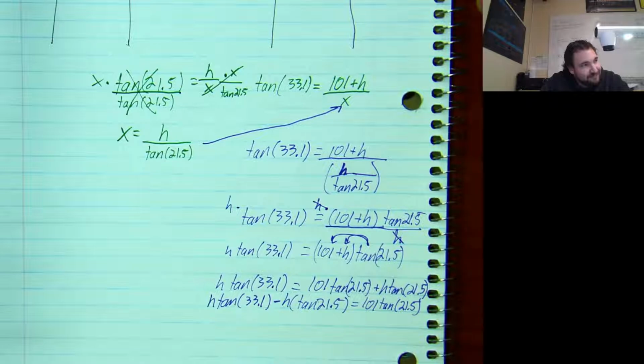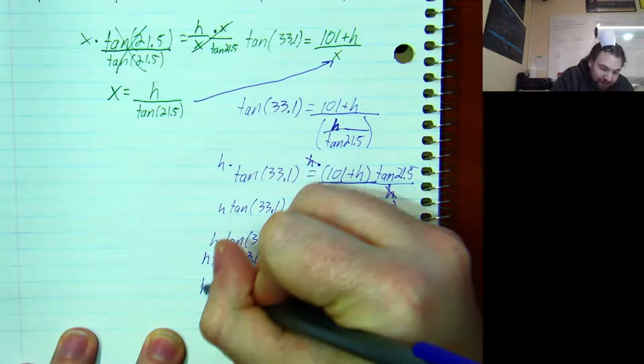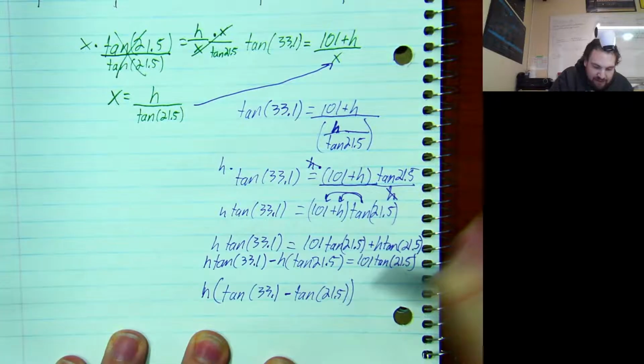So I'm going to factor out h. I factored out the h because h is in both these terms. I can pull it out front, and I'm going to be left with tan of 33.1 minus tan of 21.5. That's going to equal 101 tan 21.5.